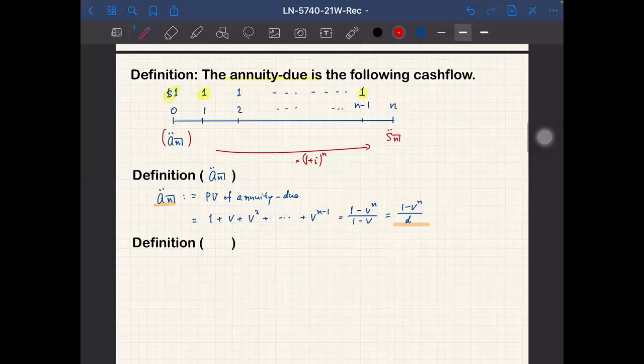So the definition of S double dot right angle n is the accumulated value of annuity due, and this is 1 plus i to the nth power times A double dot right angle n.